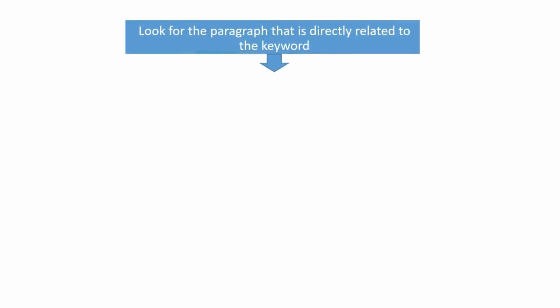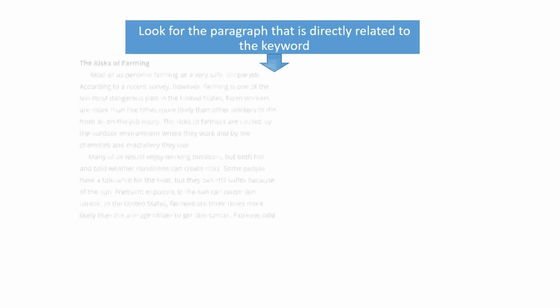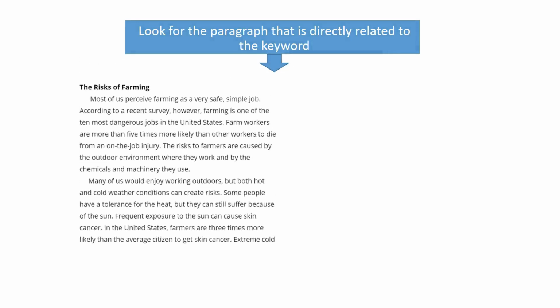We now have to look for these keywords in the correct paragraph. So we have to look for the paragraph that is directly related to these keywords. So we have to look for the paragraph that best suits this keyword. And if we look here, we have paragraph 1 and paragraph 2.